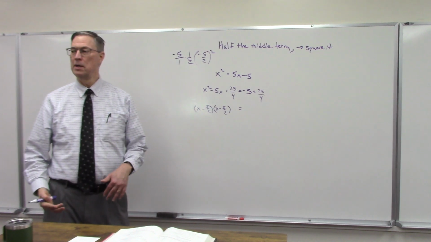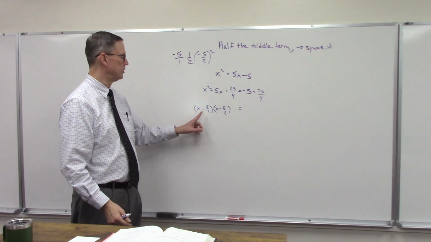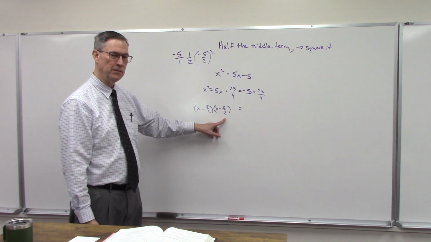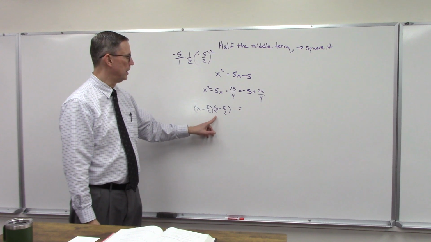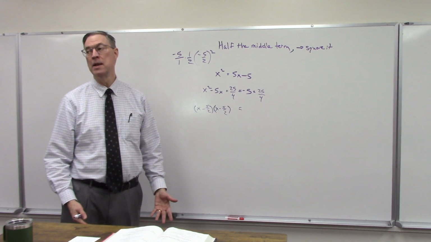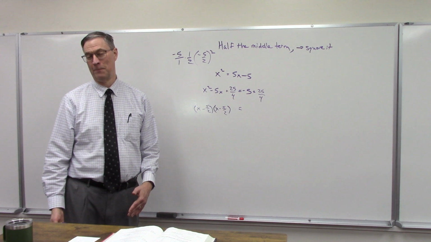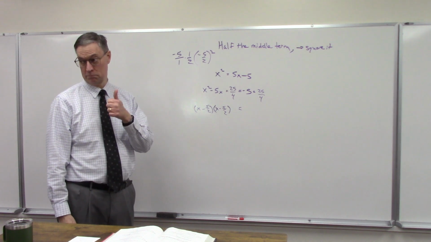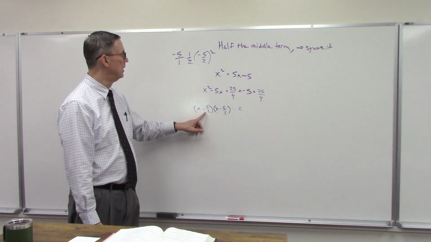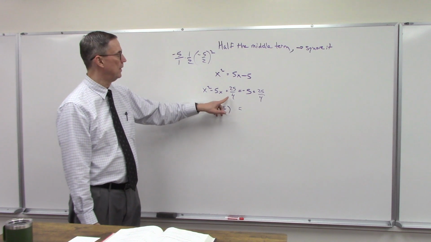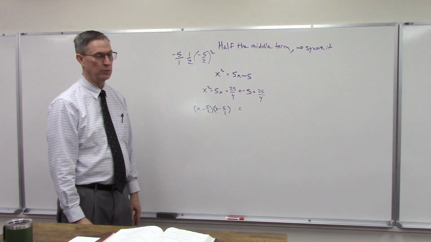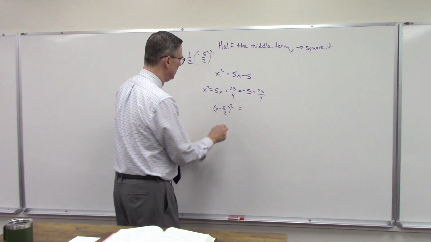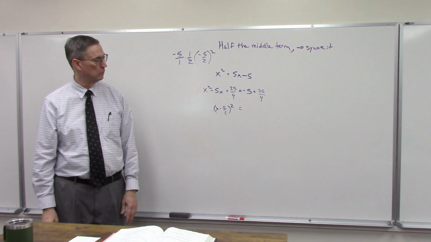And now if I did the FOIL method, first times first is that, the outer would be negative 5/2 plus another negative 5/2, which would be negative 10/2. And 10 divided by 2 is 5, so that would give me negative 5x. And then the negative 5/2 times negative 5/2 is 25 fourths. So I'm going to erase this first one, and I'm just going to write this as the quantity squared. Do you understand that? Okay.